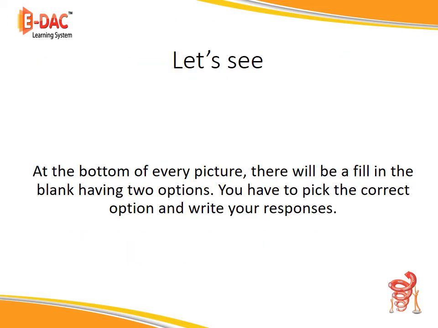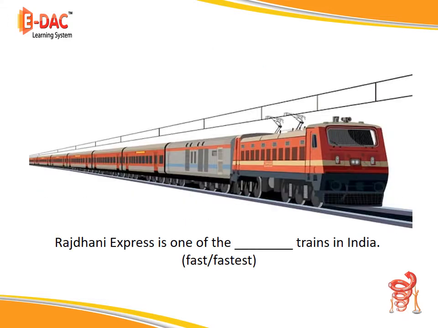So, let's see. At the bottom of every picture, there will be a fill in the blank having two options. You have to pick the correct option and write your responses. Rajdhani Express is one of the dash trains in India. Fast or fastest.